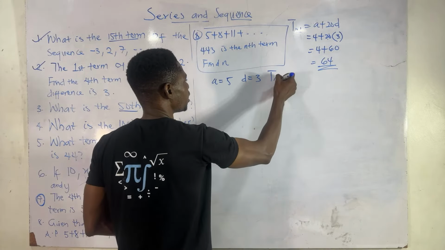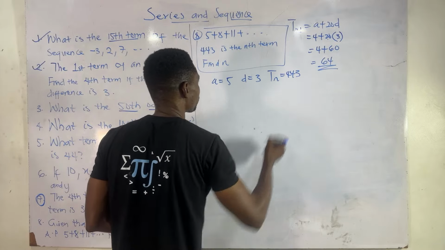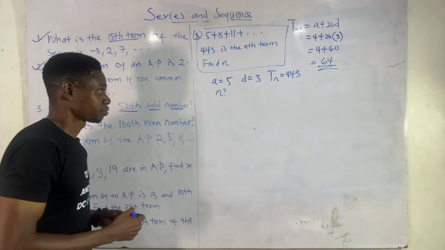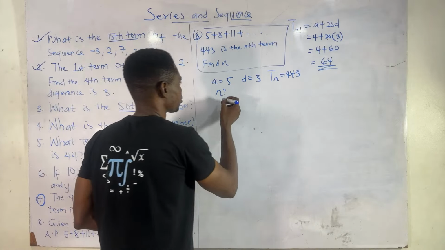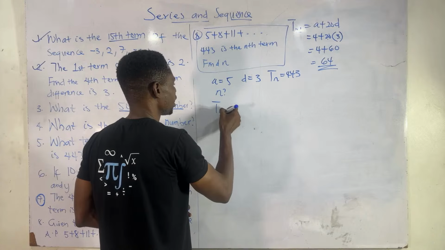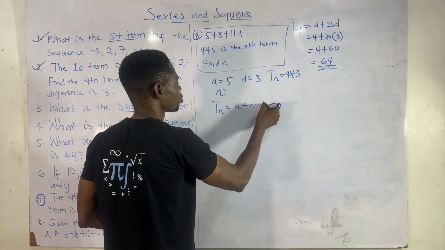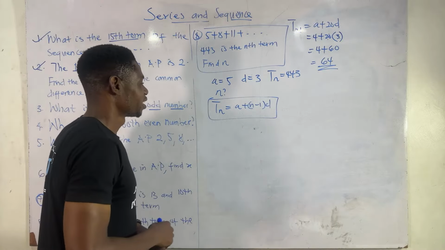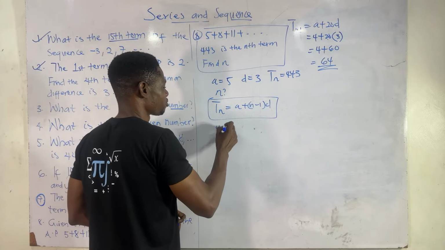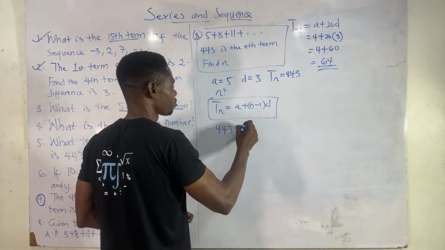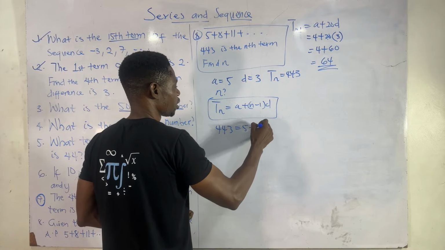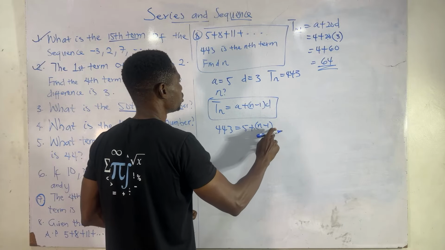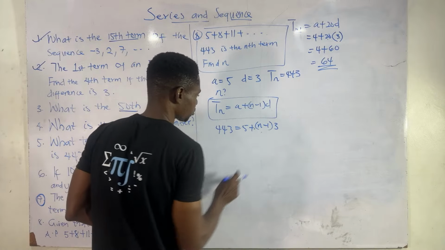So our Tn is 443, but we don't know our n. So remember that Tn is a plus n minus 1 d. This should be our anthem. Okay, so 443 equals a, which is 5, plus n minus 1, n we don't know, d, our d is what? Common difference is 3.